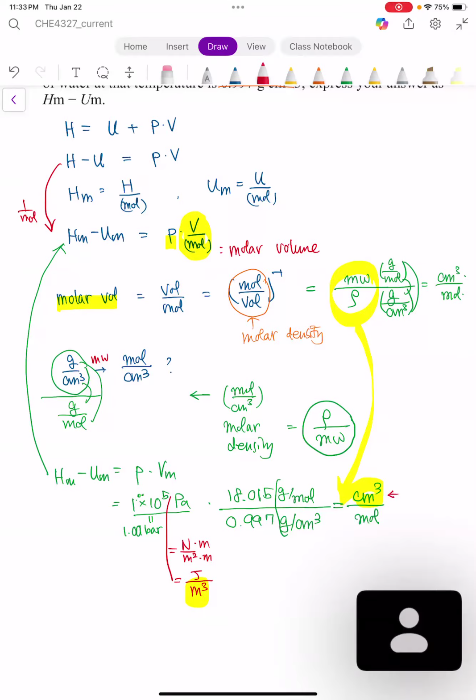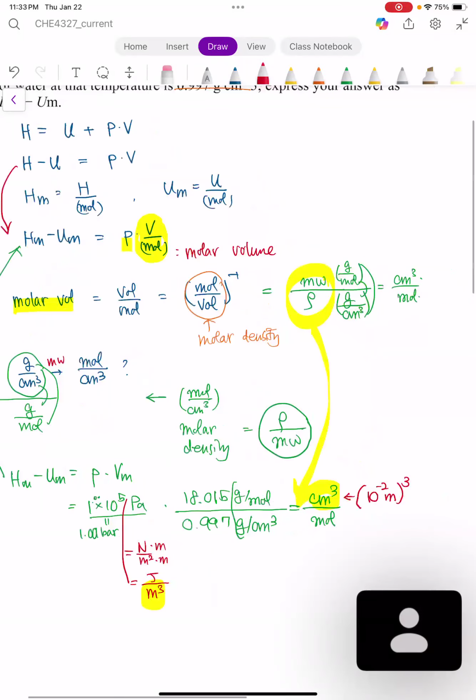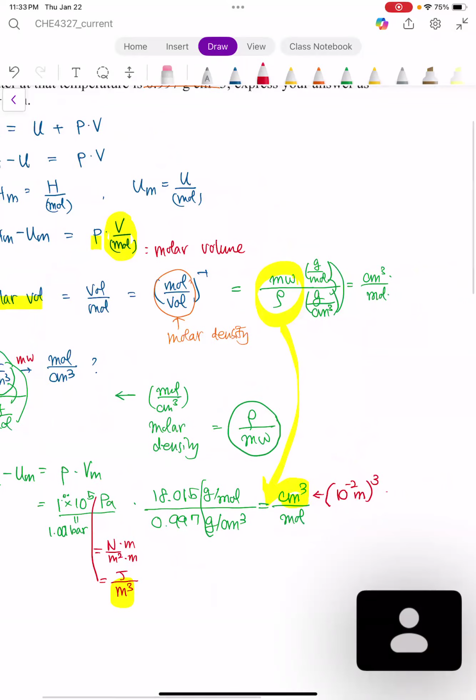How do we do that? You take the centi, the prefix as a number, and then it's centimeter, and cubic centimeter means that the whole thing is raised to the power of 3. So when you take everything out of the parentheses, it's 10 to minus 6 meter cube.